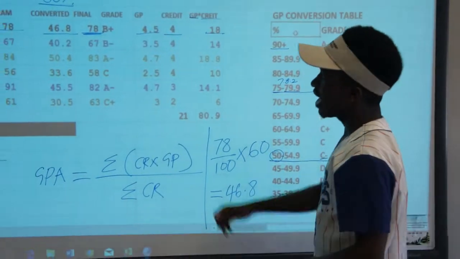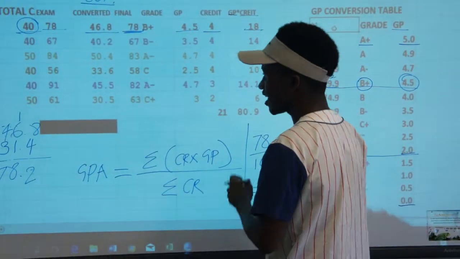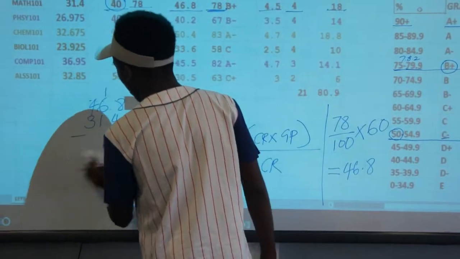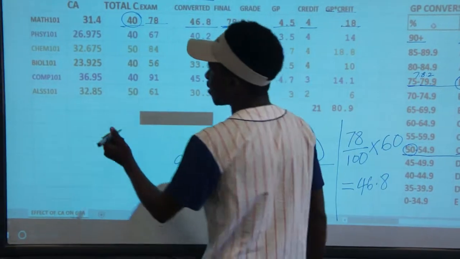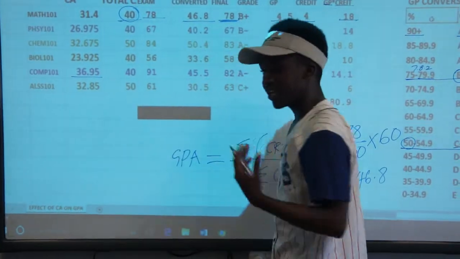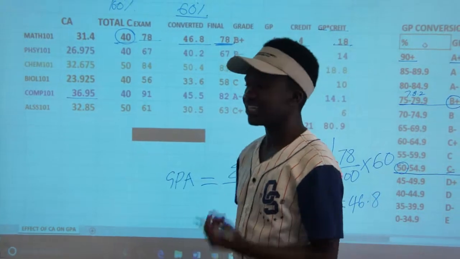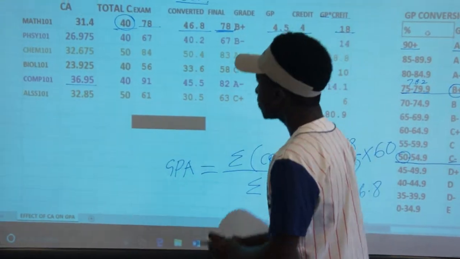The same process happens for physics, chemistry, biology, and let's take another example for computer, which is Comp 101. So for Comp 101, you have your CA as whatever that could be. But for student X, he has his CA as 36.95 out of 40. That means the same thing happened.